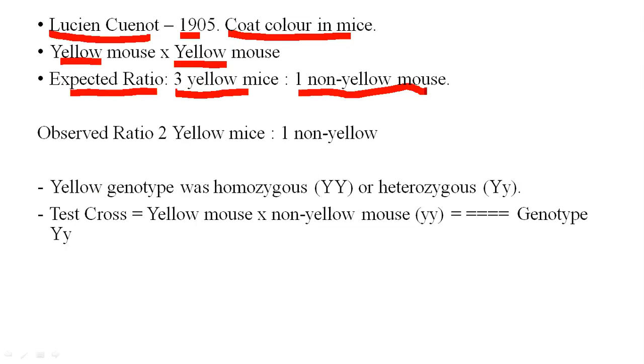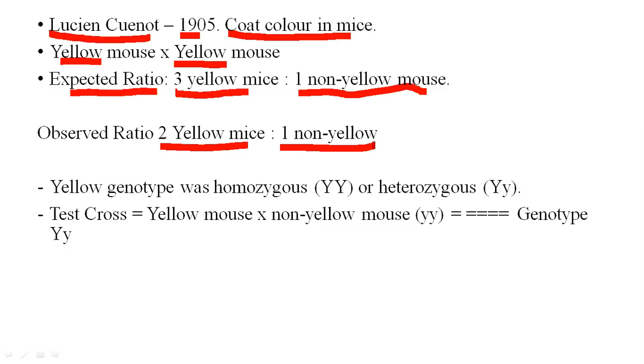But he did not observe the expected ratio. He only found 2 yellow mice and 1 non-yellow mouse, 2:1 instead of 3:1.